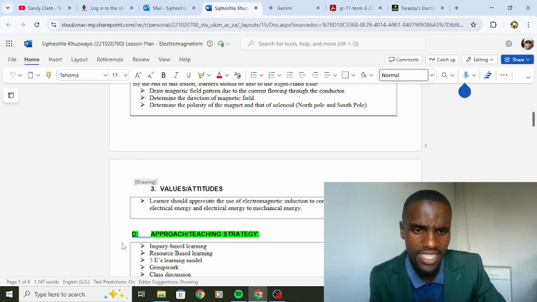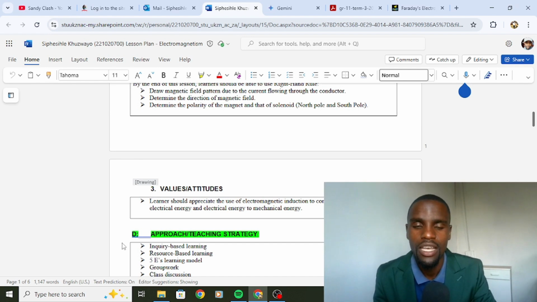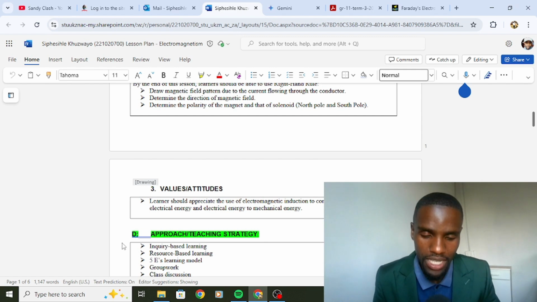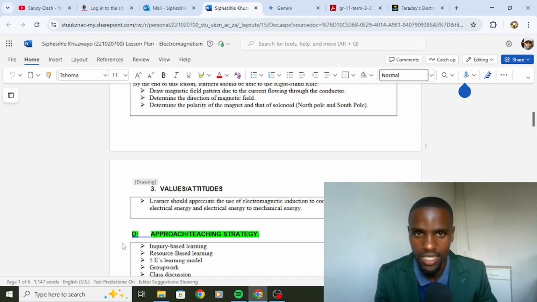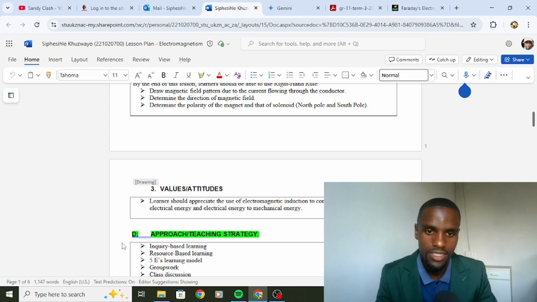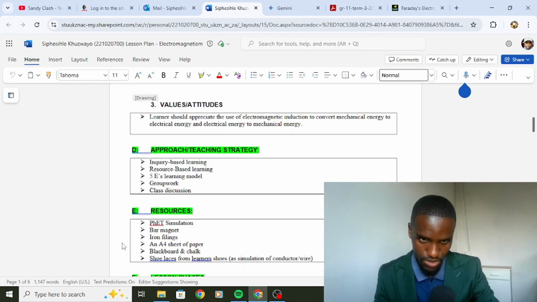Another value or attitude that I did not list is that learners learned how to collaborate with others, so they learned social and communication skills as they were actively involved in the activities during the lesson.